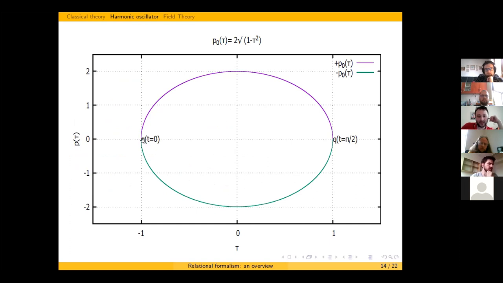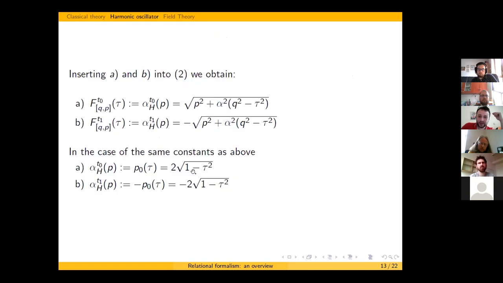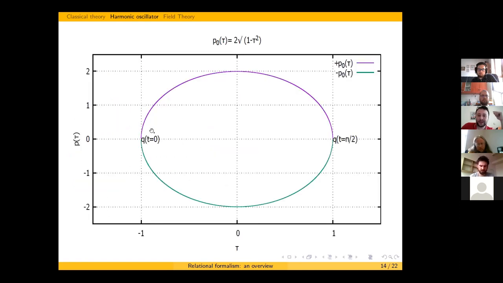Namely, we start from this, we go here with the plus solution, and we glue the minus solution at the edges. And this is a graph, of course, because we have tau and P of tau. And you see why we get two solutions of the functions, not only a single valued form, because we cannot, as a graph, draw a curve with only a single valued function. So it's nothing strange, there is nothing wrong if we get multi-valued functions.